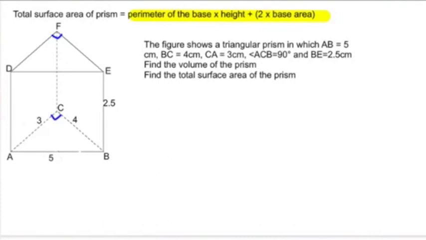So first thing we're going to do is find the volume of the prism. I know the volume of the prism is equal to the base area times the height.